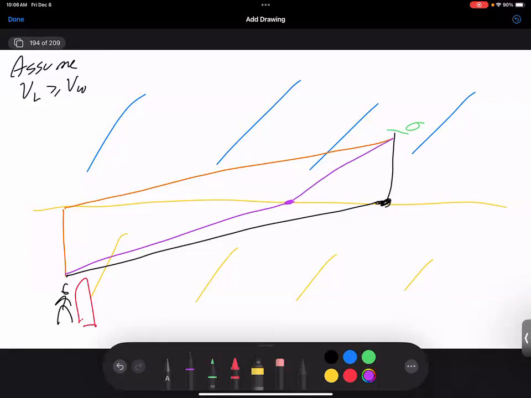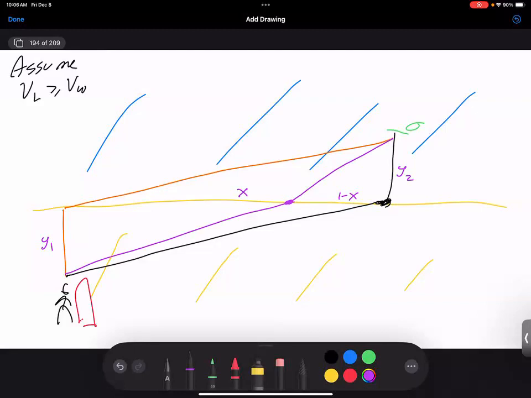I can call that distance x, and maybe I'll make the length of the land 1, so this might be 1 minus x, and that might be y over here. Well, I've also got the distance over here, so maybe I'll call that y2, and maybe I'll call this y1.